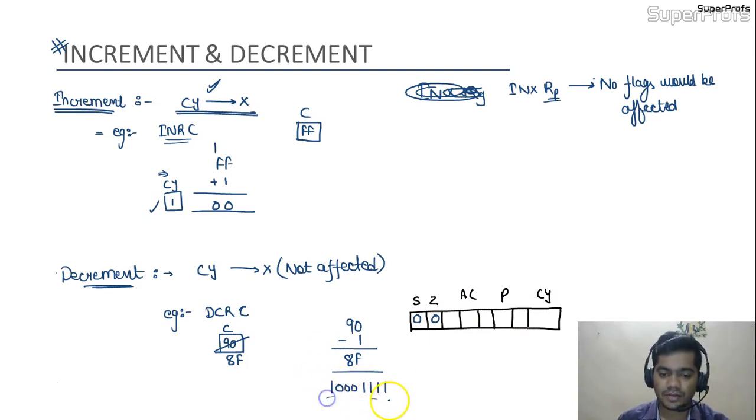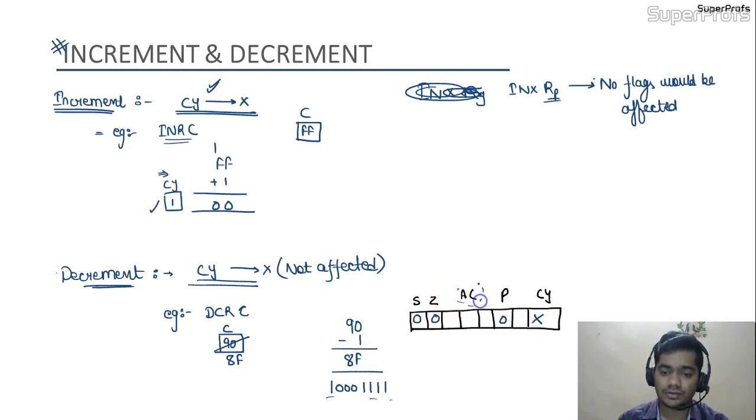As there are an odd number of ones, it would be reset. Carry is not generated or borrow is not taken, but you should understand that in decrement and increment, the carry is not affected. So whatever the previous carry was would be shown here. So we are showing it here as not affected.